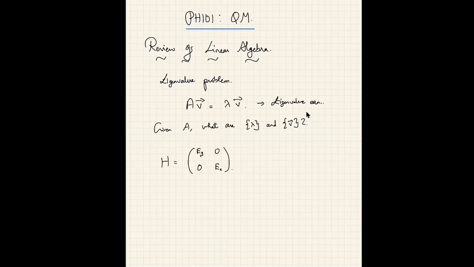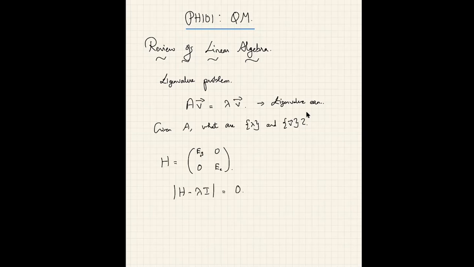Now, what are the eigenvalues of this matrix? This is very simple to understand. You solve for the eigenvalues by solving what is called the characteristic equation for the system. The characteristic equation is the determinant of H minus lambda times I equals 0.